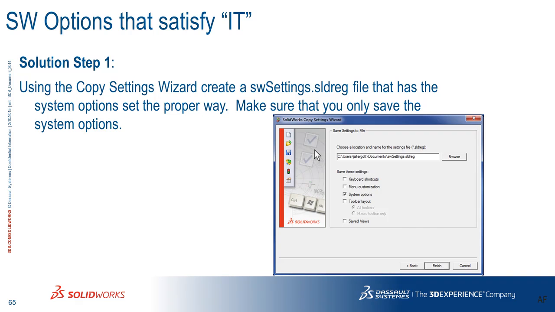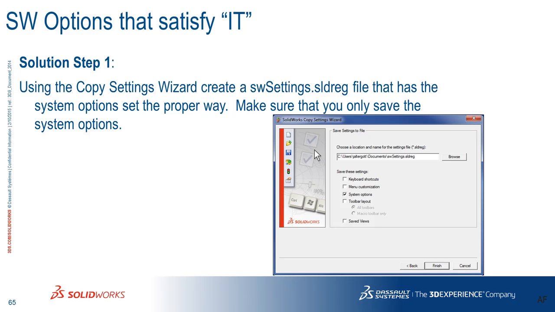What we're going to do is use the copy settings wizard. We're going to create the environment that we want, save it out, and create that registry file from it. Now, it's going to come out as a .sldreg, because that works with the copy settings wizard.